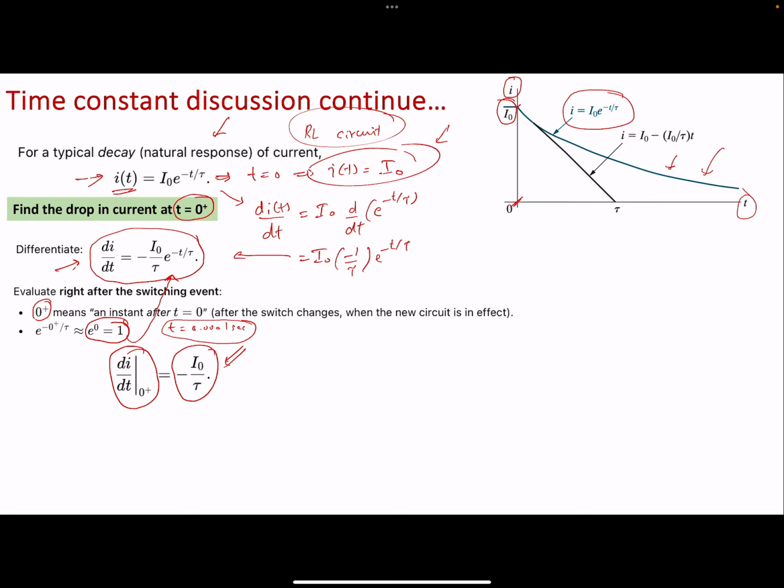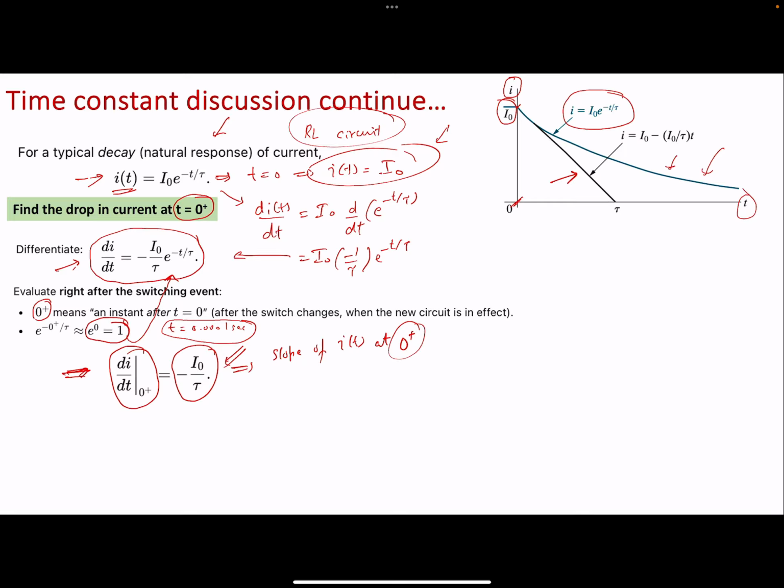As we know from maths, the slope of a line is essentially the derivative of that function. So the derivative of a function is practically the slope of the function. So what does this represent? This practically represents the slope of I of t at time 0 positive. This is where the black line is coming from.